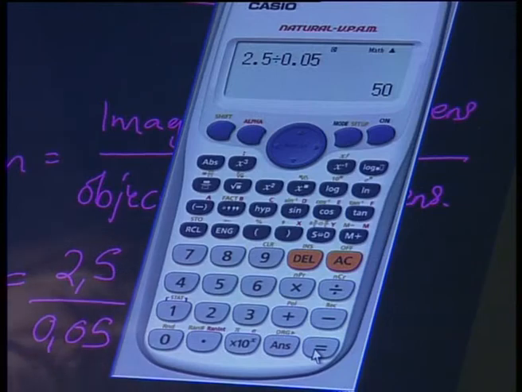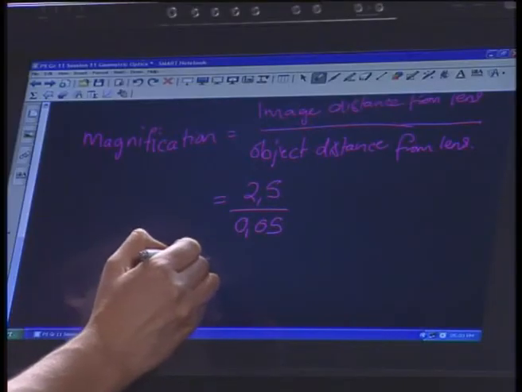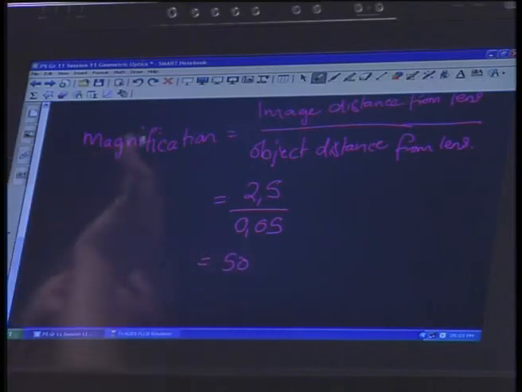And we'll see that that gives us a value of 50. So the image that we see on the screen is 50 times larger than the actual object that we have on the film. And that is how it's possible to have such a small diagram on the film, and when you go and you look at your favorite actor, he fills up an entire screen in front of you.